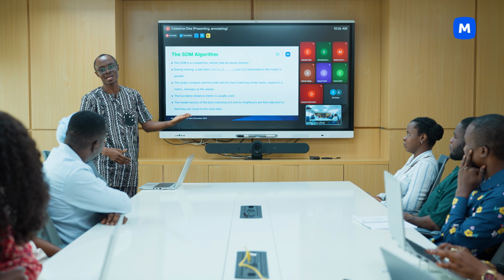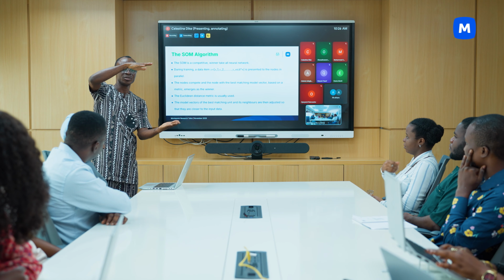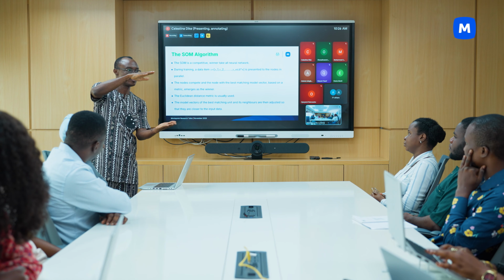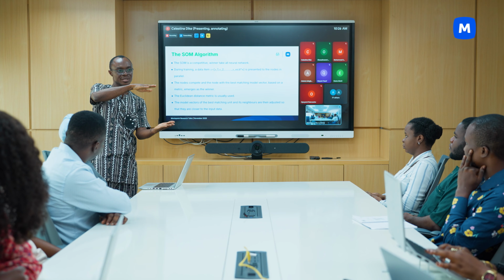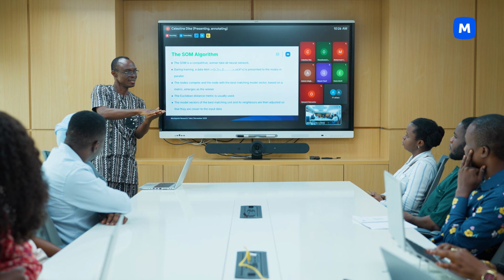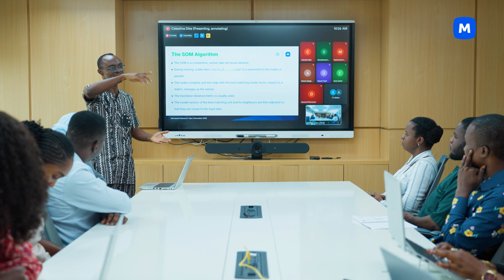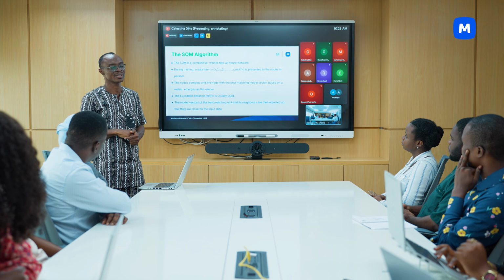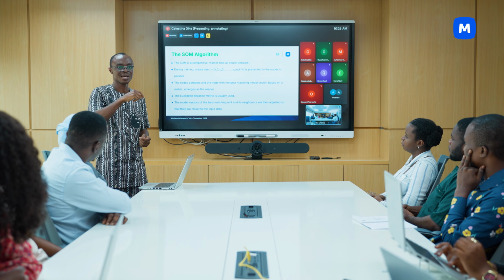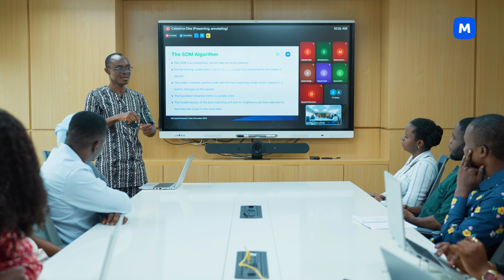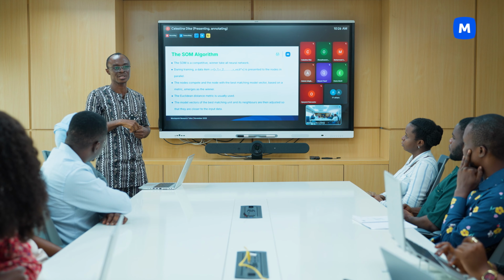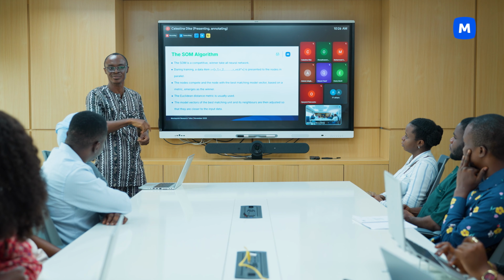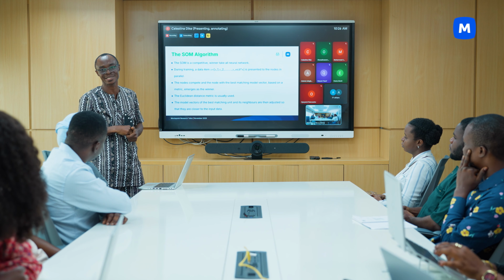So you have your data set, and for each of the neurons you have your model, which you call your weights, matching that data. So if I have a 10 by 10 SOM, for example, it means that each of the 10 by 10 nodes will have n number of models each.